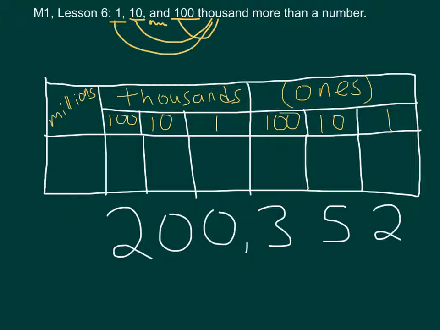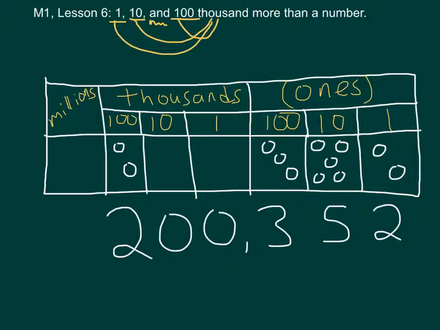And we can represent that number in our place value chart using disks. So we'll put 2 disks in the 100,000s. There's nothing in the 10,000s place, so we'll leave this blank. And there's nothing in the thousands, so we'll leave that blank. And then we have 3 hundreds, 5 tens, and 2 ones. So we go 1, 2, 3, 1, 2, 3, 4, 5, and 1, 2.